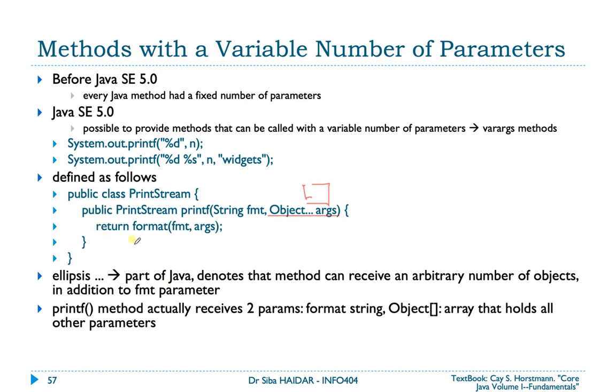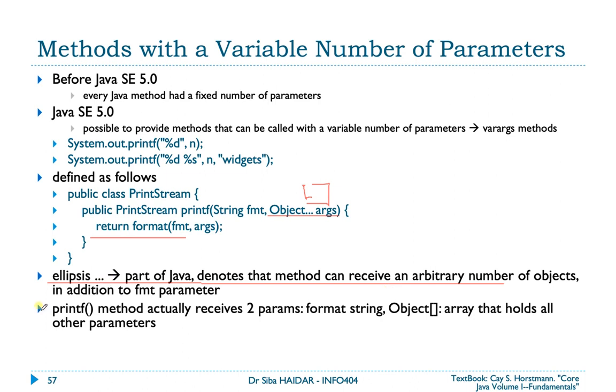And then it will call another method which also has a variable number of parameters, which takes an object array. So what are the ellipses? The ellipses are the 3 points. They are a part of Java, and they denote that the method can receive an arbitrary number of objects.